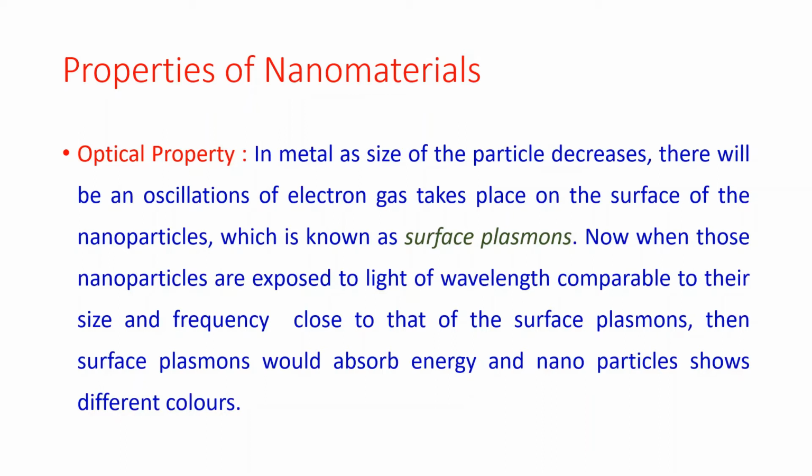Now, when those nanoparticles are exposed to light of wavelength comparable to their size and frequency close to that of the surface plasmons, then surface plasmons would absorb energy and nanoparticles show different colors. So that is the practical application of the nanoparticles. By using this property, you can produce different types of colored glasses.